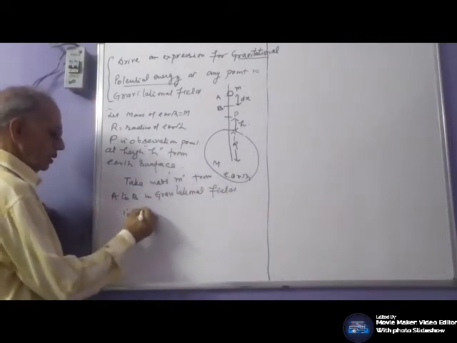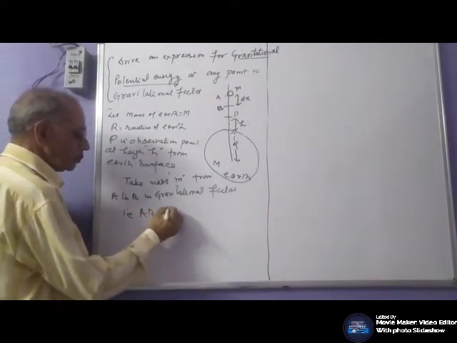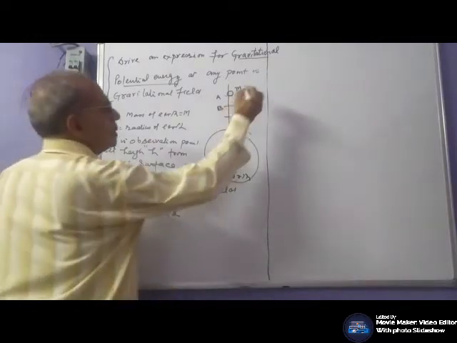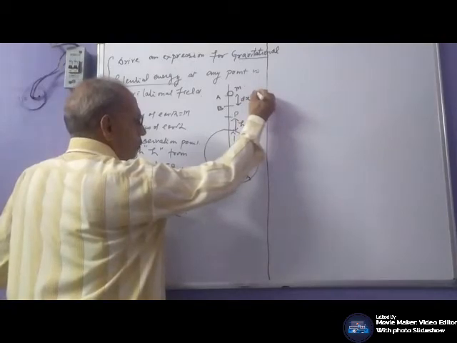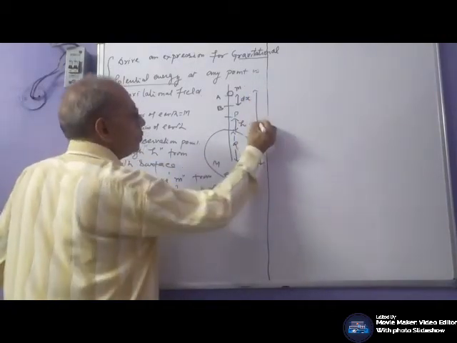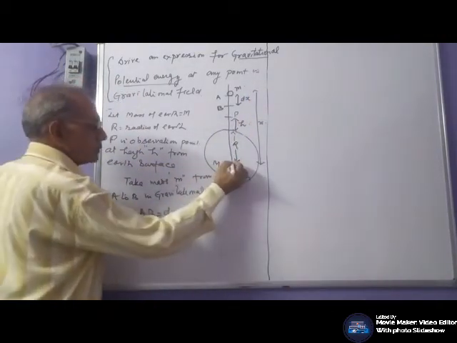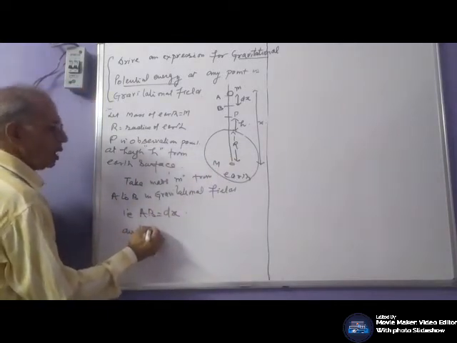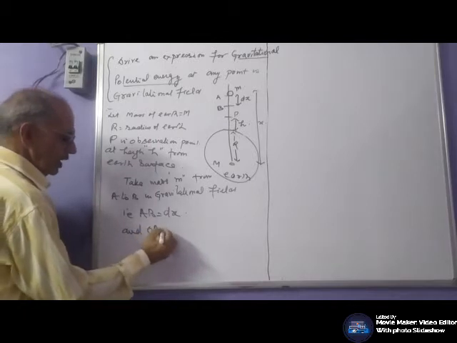That is AB, dx. This distance, say x, and OA is x.